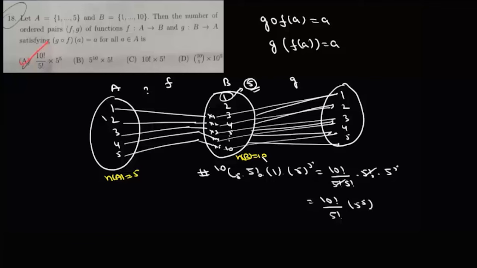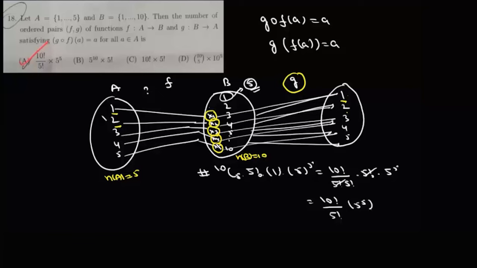So that means after this composition, 1 should be mapped to 1, 2 should be mapped to 2, so on and so forth. Now since g is a function, there must be at least 5 elements in B that must have images as 1, 2, 3, 4 and 5. Let us suppose those 5 elements are x1, x2, x3, x4 and x5.